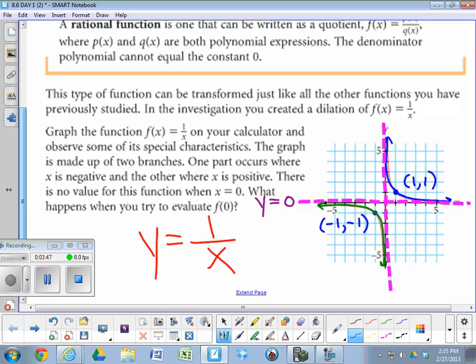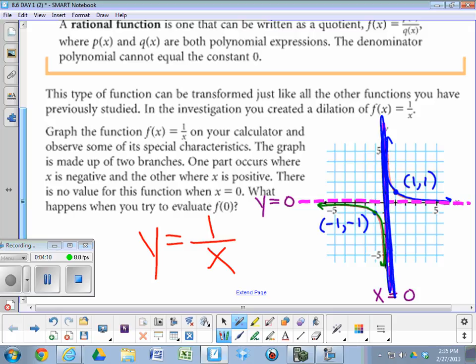And the vertical asymptote is the line x equals 0. Remember, they're kind of the opposite of what you might think. The vertical is given by the equation x equals 0, because that's the x value that the graph appears to be afraid of. It never wants to cross that line.